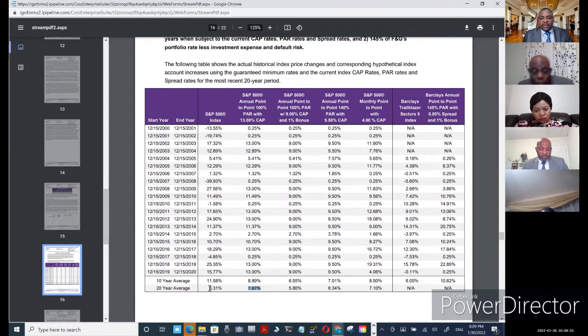All right, let's go to where we are. We're working with Barclay Trailblazer, another point to point. This index has been in existence for 15 years, so the historical performance for 20 years is not available. But for the past 15 years, Barclay has performed at an average of 6.05%. But those that had Barclay index, do you see the difference?